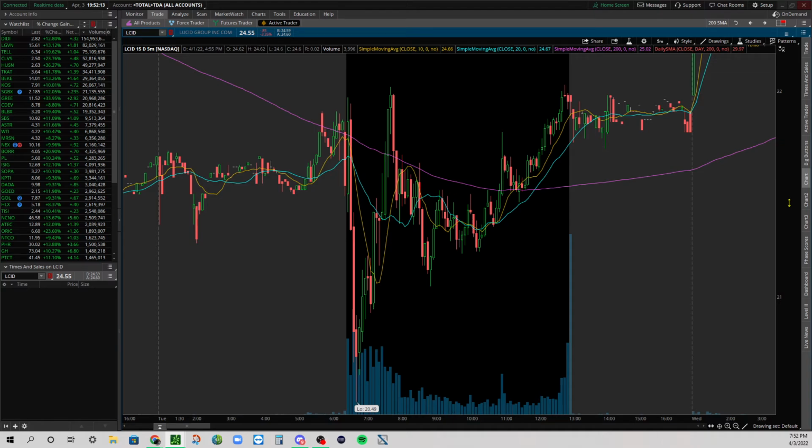Follow the setups. Literally. It doesn't matter if it's news or whatever catalyst it is to the stock. The 10 and 20 SMA will not lie to you. If the stock is good, the pattern will present itself on the chart right in front of you to show which side you're going to trade.